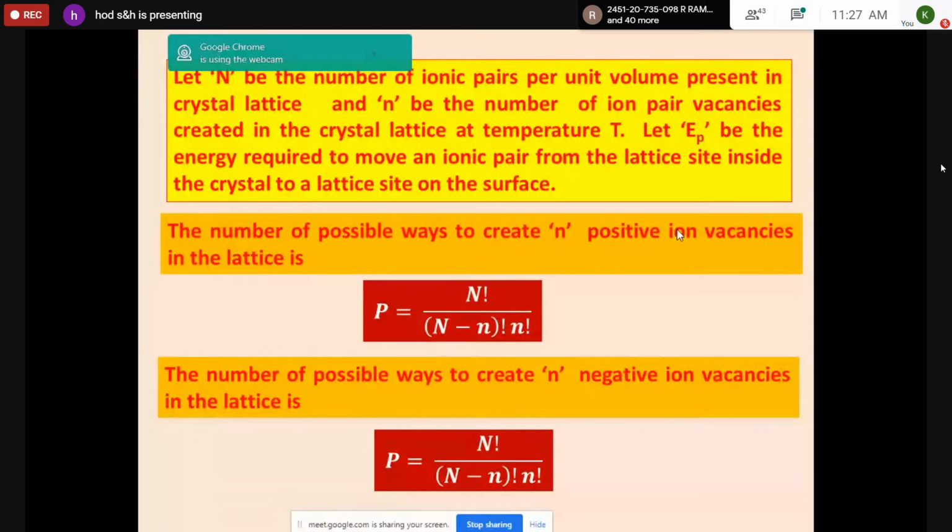Please write these two. Take the screenshot. The description: capital N is the total number of ionic pairs. Small n is the number of ion pair vacancies. EP is the energy required to move a pair of ions from lattice inside to the surface of the lattice. These three points you should write. Now write the probability equations for both the positive ion vacancies and negative ion vacancies.